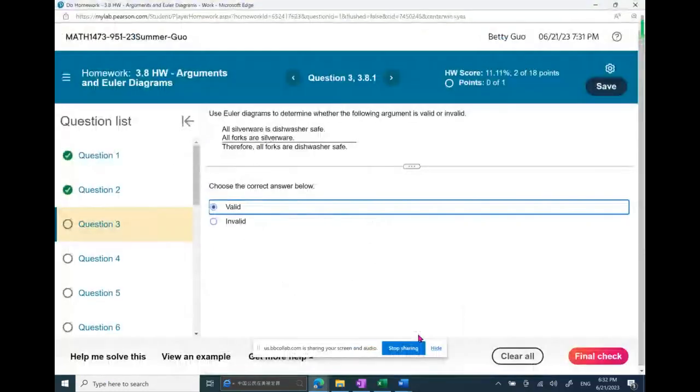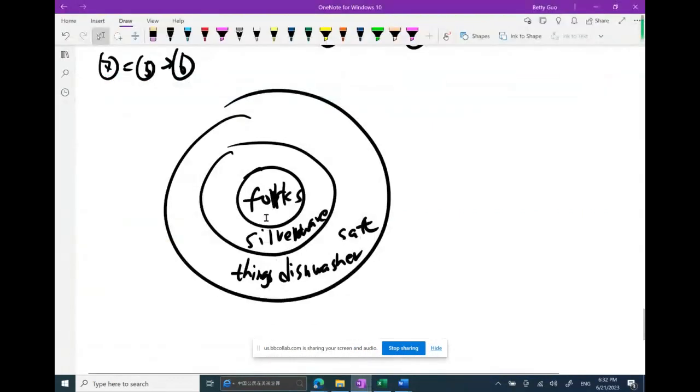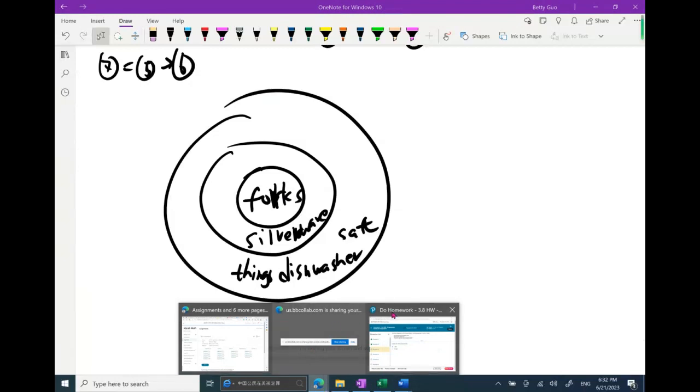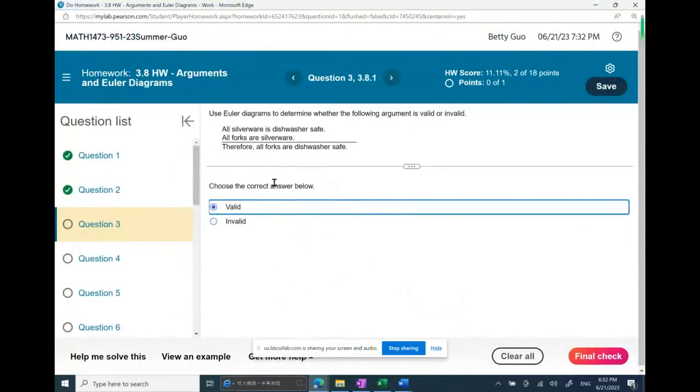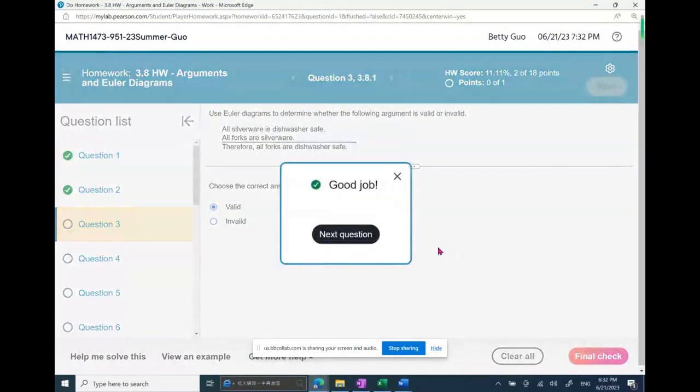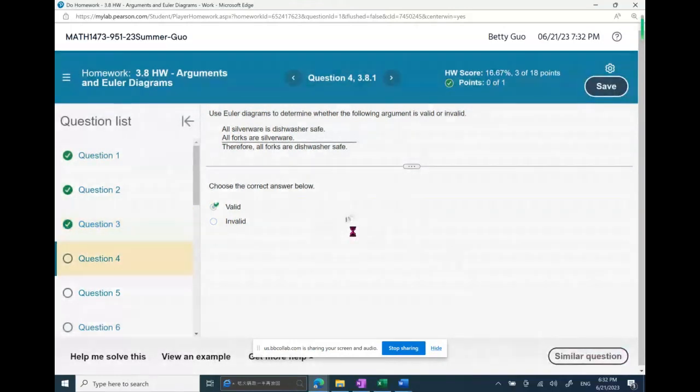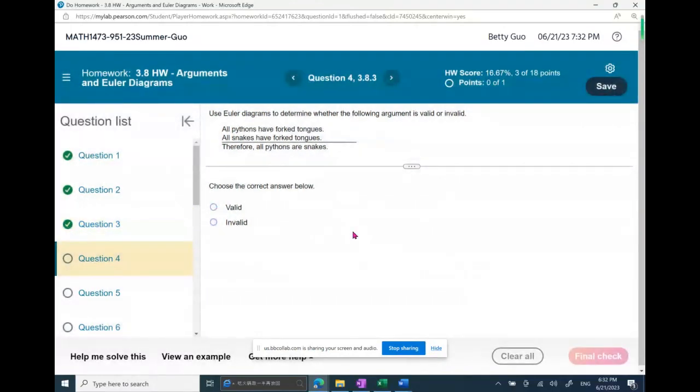The second premise says all forks are silverware. And that's why the smallest circle is inside the second circle. So our conclusion, all forks are dishwasher safe, holds because the smallest circle also falls completely inside the biggest circle. This is a very straightforward argument. We can use Euler diagrams to test the validity very easily.